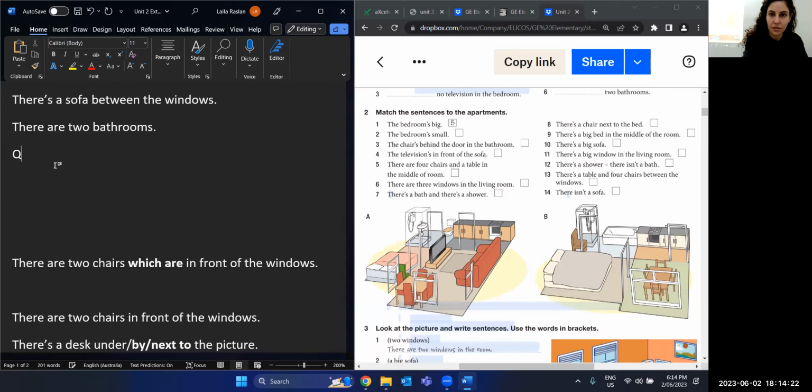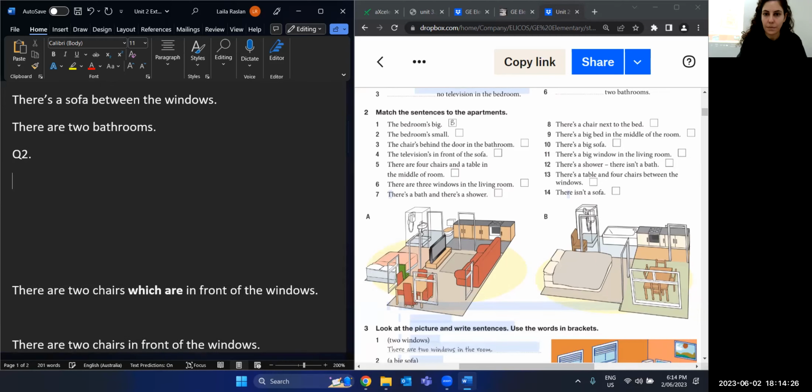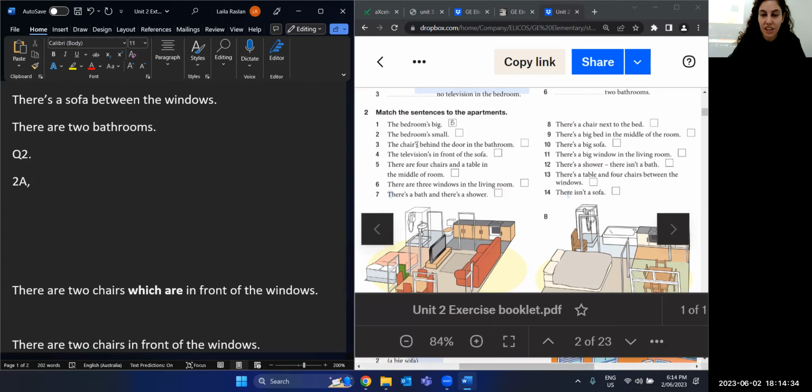So question 2. So 2A. The chairs means the chair is not many. It's not plural because it's got the apostrophe S. So the chair is behind the door in the bathroom. Which one?